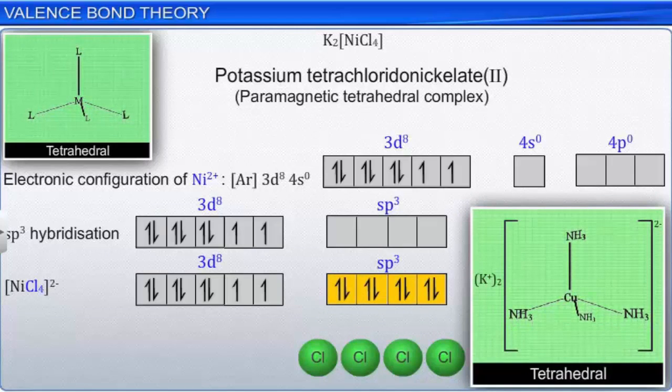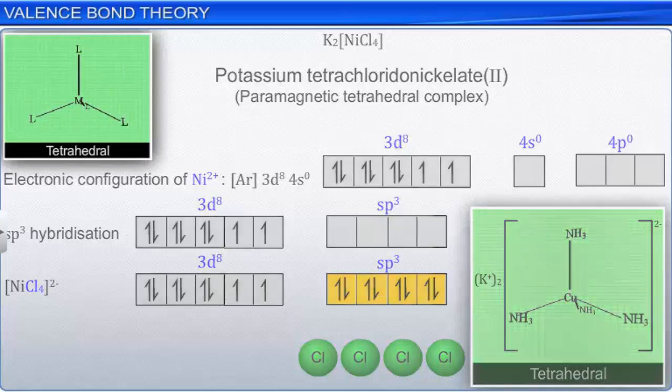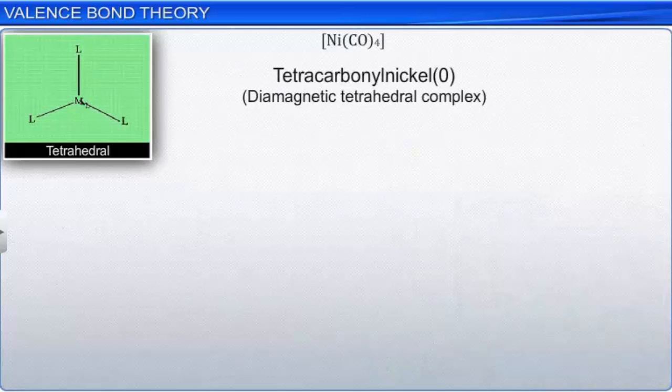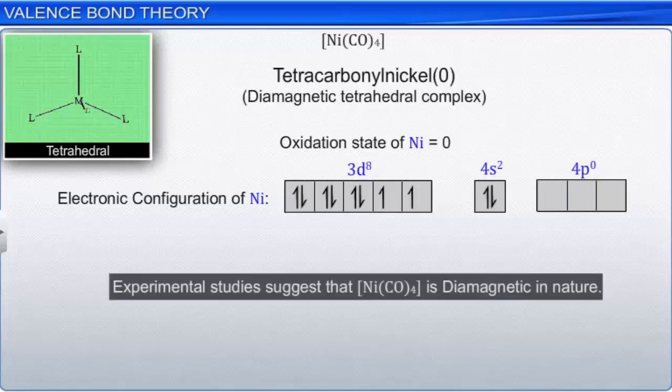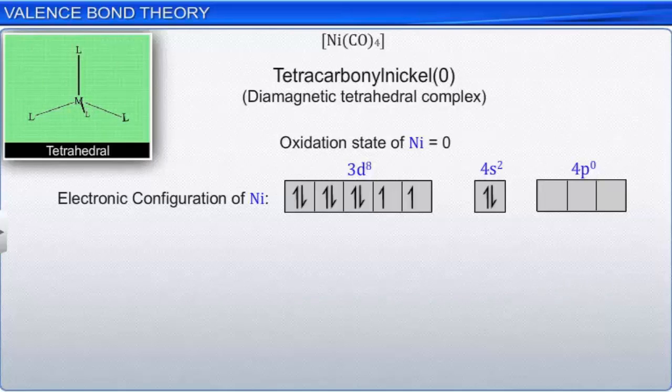Tetracarbonylnickel(0) is an interesting example of a diamagnetic tetrahedral complex. In this complex, the metal atom nickel is in zero oxidation state. Experimental studies suggest this complex to be diamagnetic in nature. This is possible only when the paired electrons in the outer 4s orbital pair with the electrons in the 3d orbital.